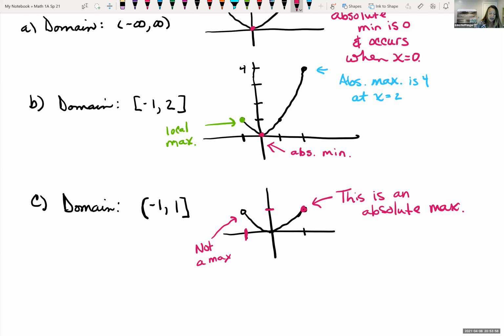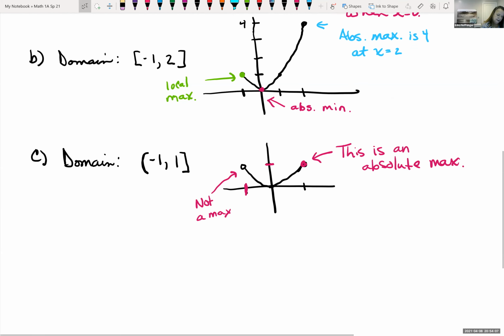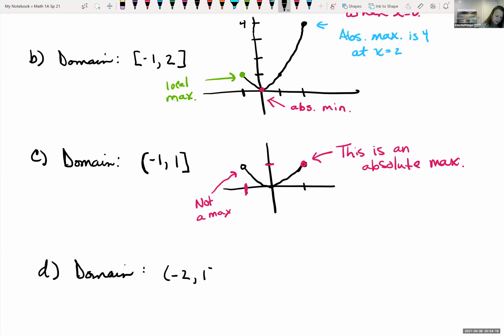I would actually have to be careful though. If I had said, how about this? What if I said open circle at -2, closed at 1?